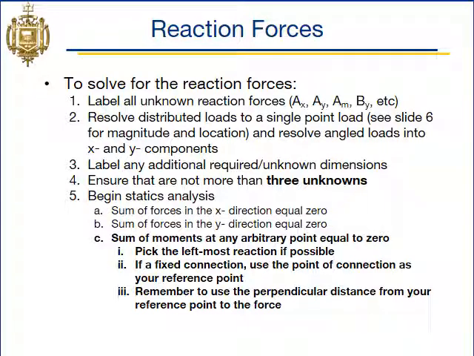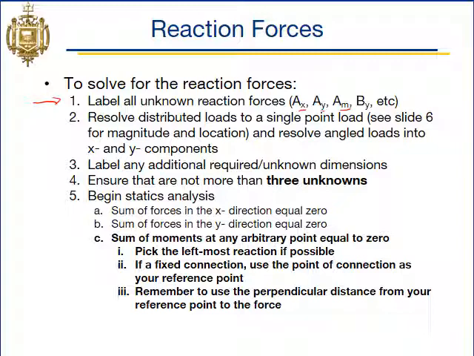So here are the steps to find the reaction forces for our beams. If not already done for you, step one, label all of your unknown reaction forces. So we like to give each connection a name, probably an alphabetical name, A or B. So A means at connection A, you have a reaction in the X, a reaction in the Y, a reaction moment.